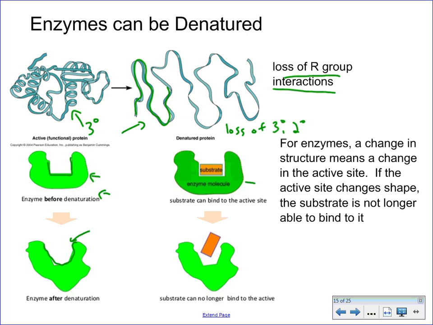In the following diagram here, we can see the active site that's able to nicely bind its substrate, while the denatured enzyme really loses its shape, and that substrate can't fit anymore. And when that substrate can't bind to the active site anymore, there is a loss of enzyme activity, or reactions cannot occur anymore.